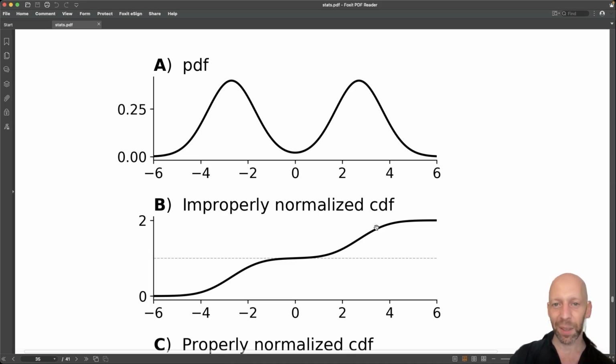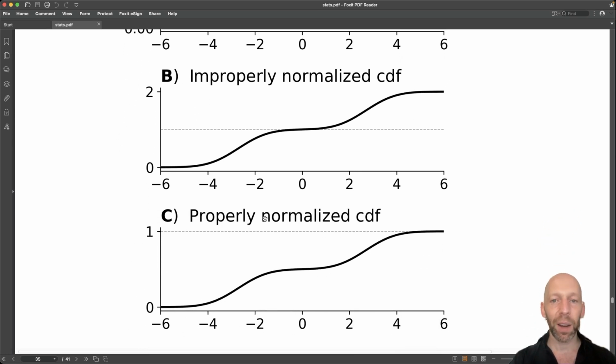In fact, the CDF needs to sum to 1 at the very end. So the final value needs to be 1 or something very, very close to 1. But it's not. It's closer to 2. So then what you need to do is figure out a way to properly normalize the CDF so that it behaves like a true CDF, such that it has a maximum value of 1 at the very end.